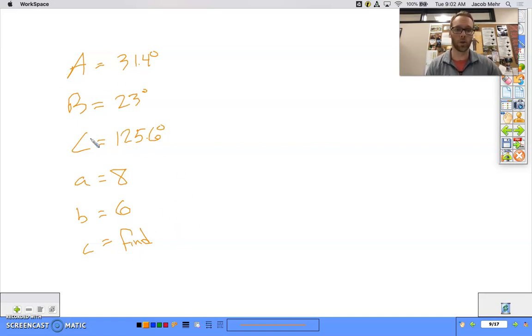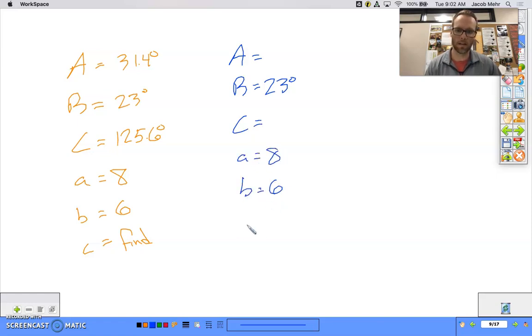So that's one triangle. But then our other possible triangle, we have to label out as well. Now in this one, B is still 23 degrees. A is still 8. B is still 6. C we'd still have to find.